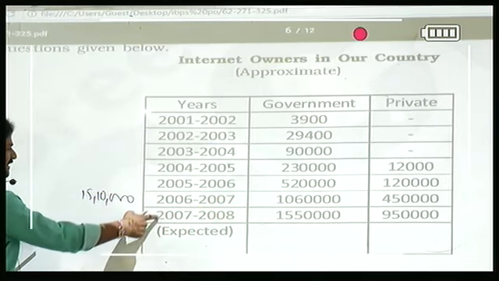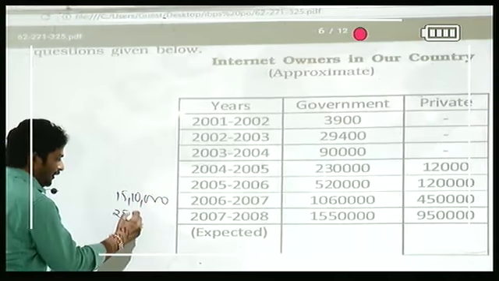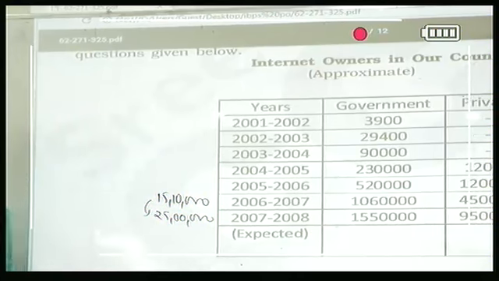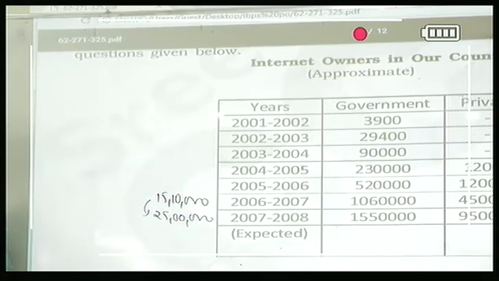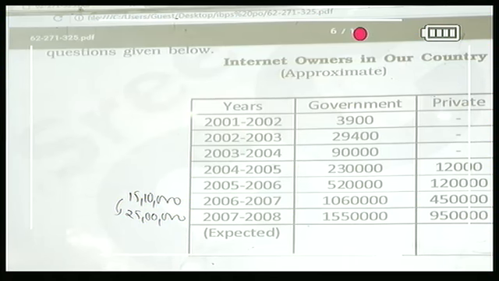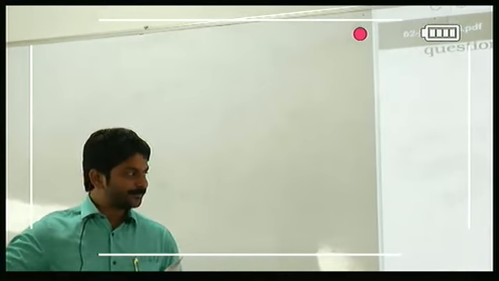And in 2007 and 2008 we have a total of 25 lakh. So the extra difference are the fresh internet users, right? How much is that? 9,90,000. Those who increased are all newly added, right? Next.